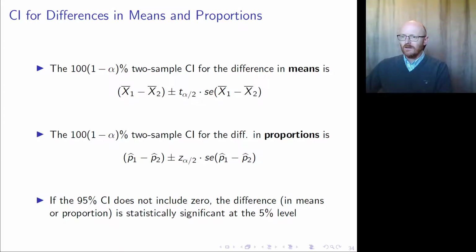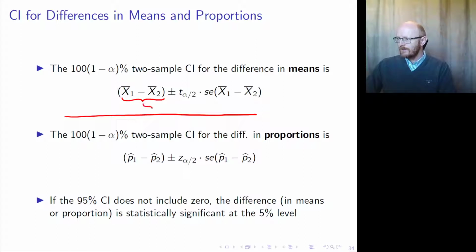And how do you make that? Okay, so for example, the two-sample confidence interval for the mean is just the difference, okay, the sample difference, and this you can just plot on the number line. So for example, this sample mean is here, but you would like to know where might the population difference be.